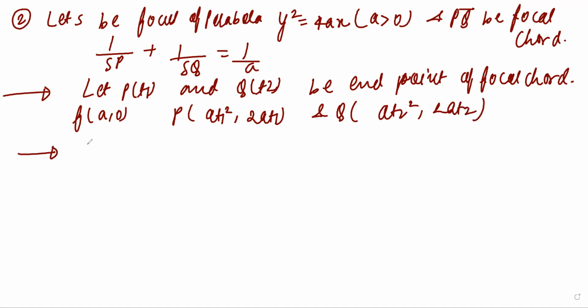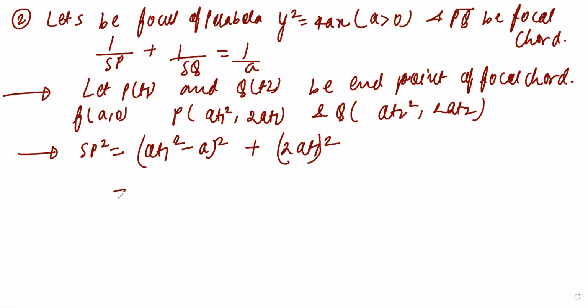So we can find the distance, that is SP square is equal to (a t1 square minus a) whole square plus (2a t1) whole square. So solve it.